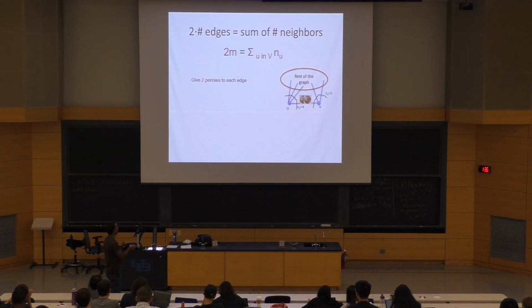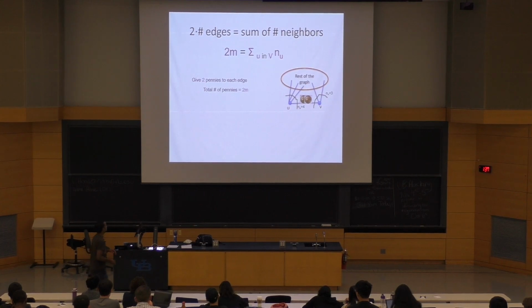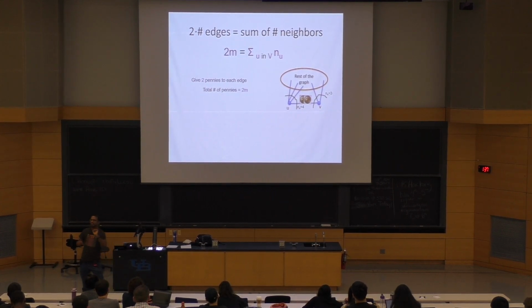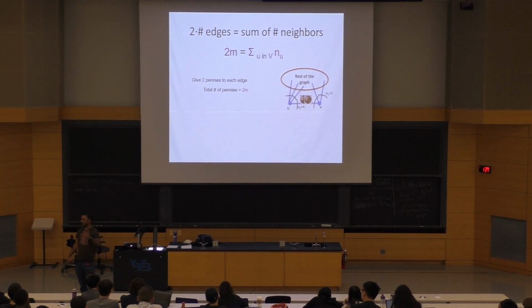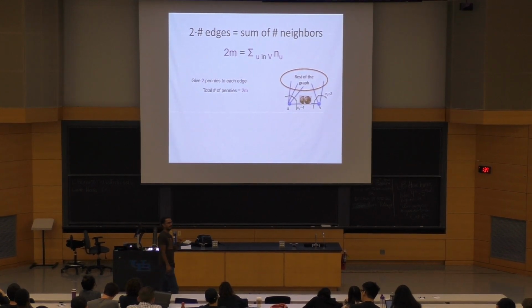So for example, if you have the edge UV, then it gets 2 pennies. Since every edge got 2 pennies, the total number of pennies is 2m, right? M edges, each edge gets 2 pennies. So you've handed out a total of 2m pennies. Okay?